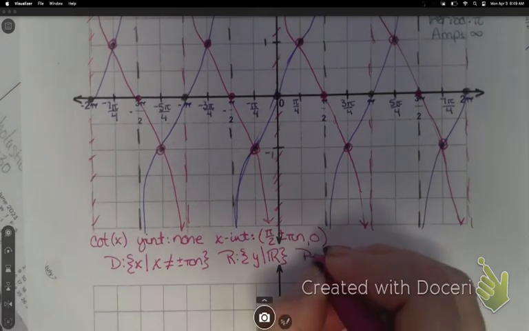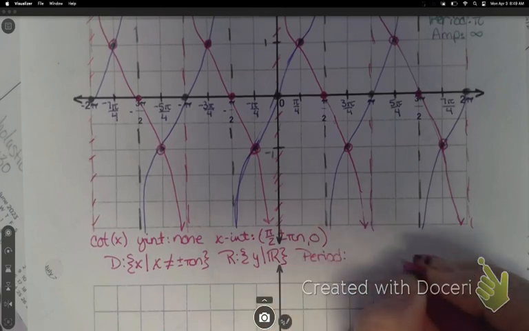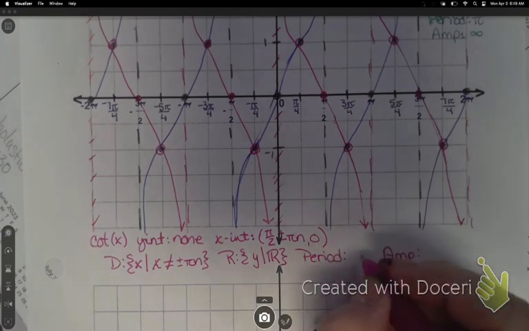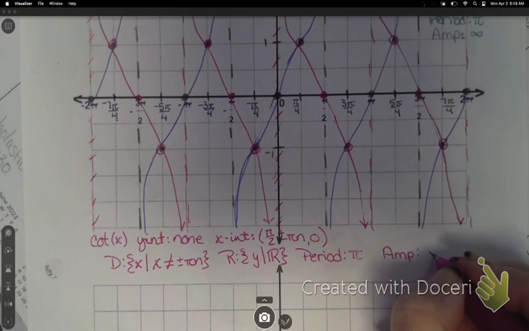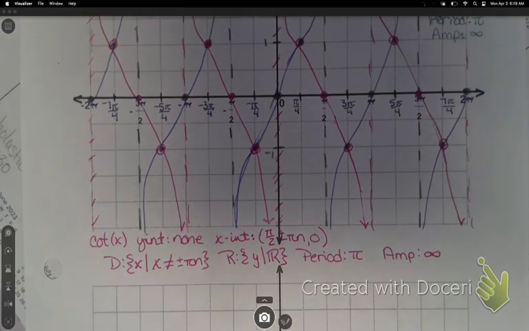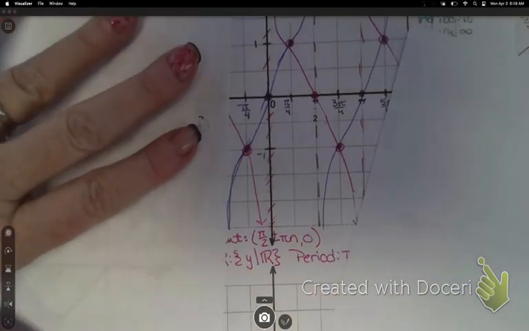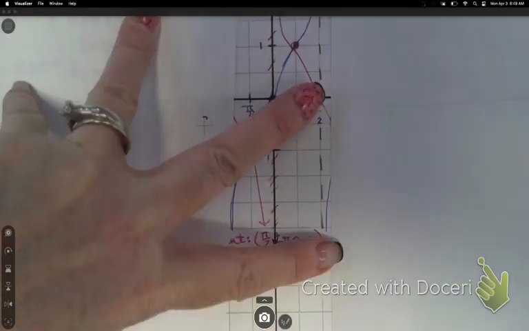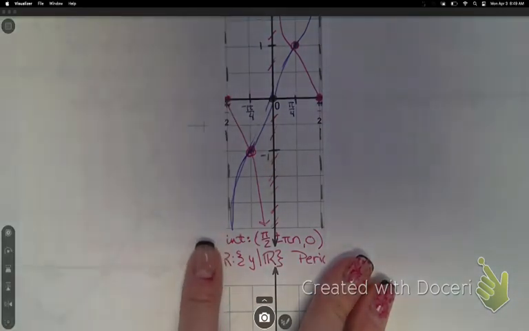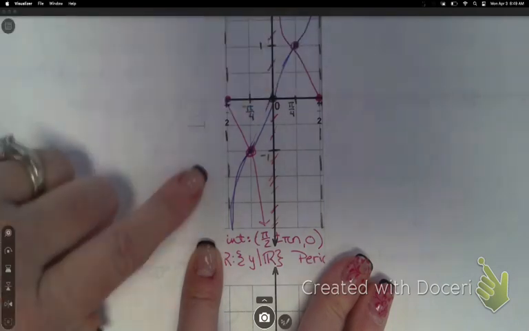Period. And amp. How much of the x-axis do I need to see all the behavior? Pi. And the amp is infinity. Now I will tell you, if you go to a book and they show you this function, they show it to you as one period, and I'm actually going to show you tangent. They showed it to you, like I showed it to you like this, right? This is like what we talked about because it's one continuous.